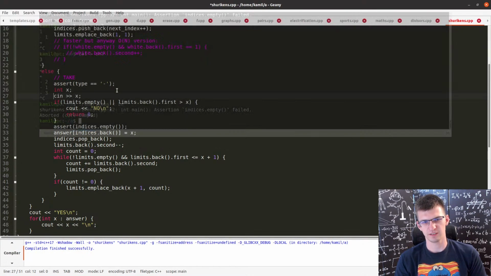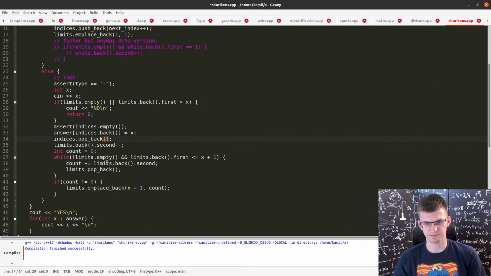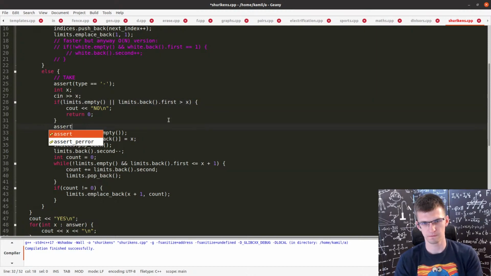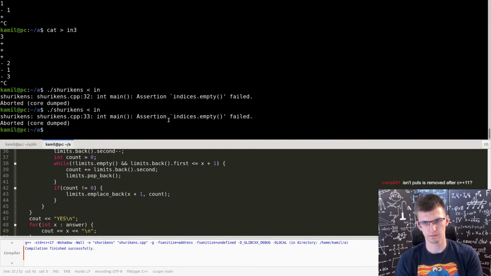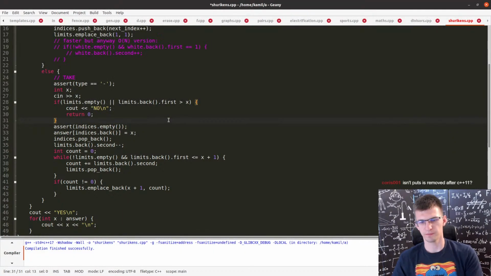Right. This is empty. Can it happen that the last count is 0? That wasn't it. Oh, assert that not empty.